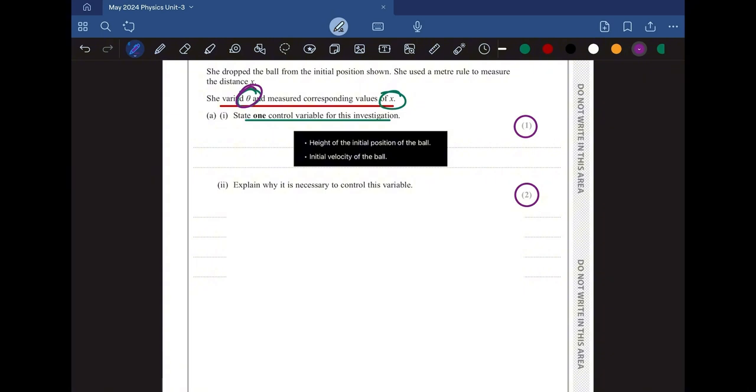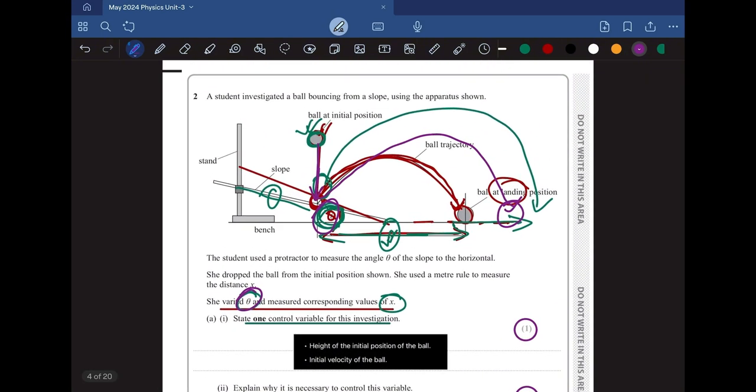Now we have explained that previously. If you have taken a greater height and you didn't keep the height same, then it would have a greater gravitational potential energy. So as it has a greater initial gravitational potential energy, it will land on the slope with a greater kinetic energy, and it will bounce off the slope with a greater kinetic energy as well, right?